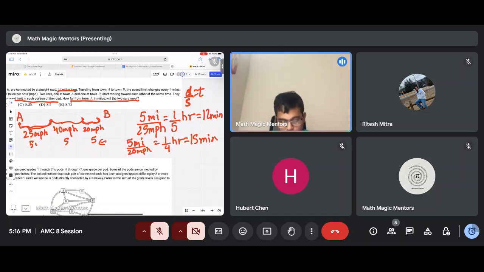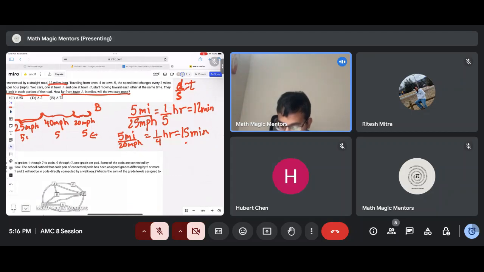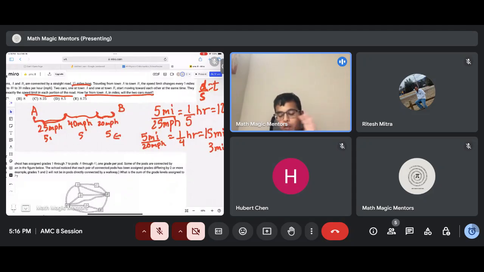And so by how much longer? Longer by 3 minutes. So by the time B crosses the first part of its journey, A is already done with 25 miles per hour, and he's in the 40 mph section, and he has driven there for 3 minutes as well.